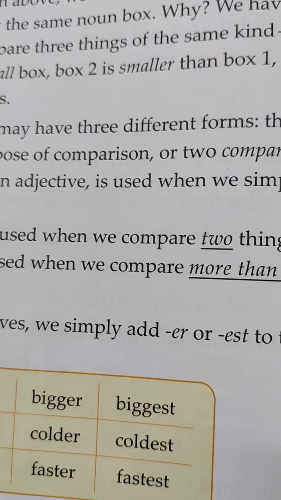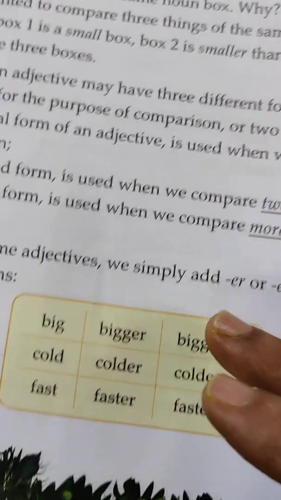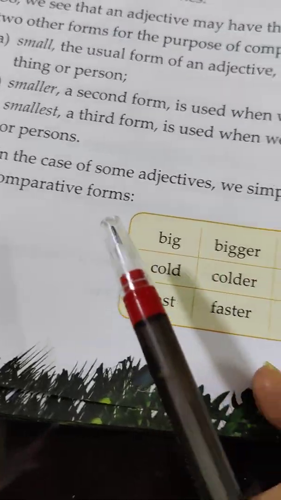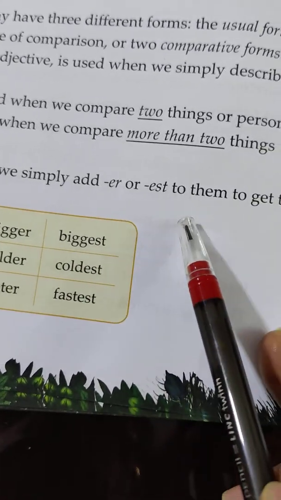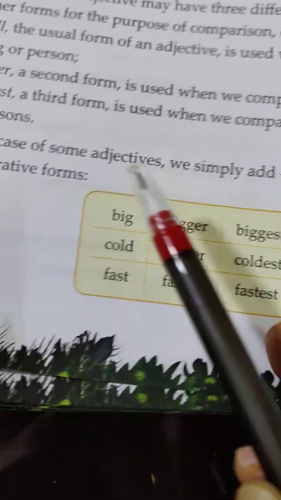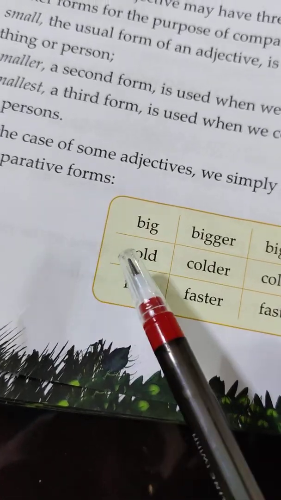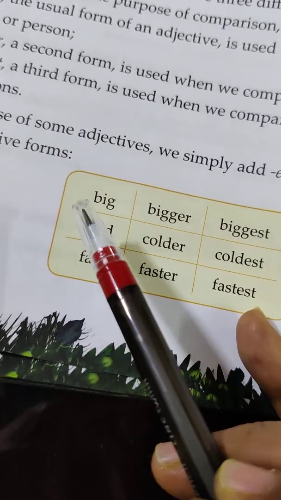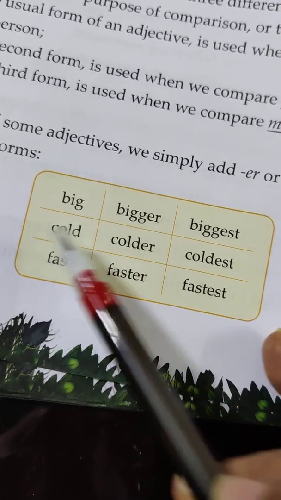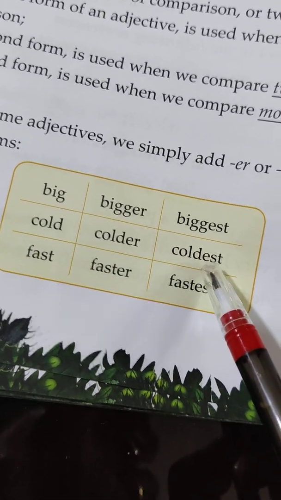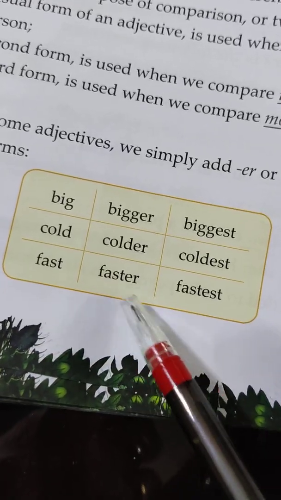The superlative form has est added. In the case of some adjectives, we simply add er or est to them to get the comparative form. Here are comparative forms given: big, bigger, biggest; cold, colder, coldest; fast, faster, fastest.